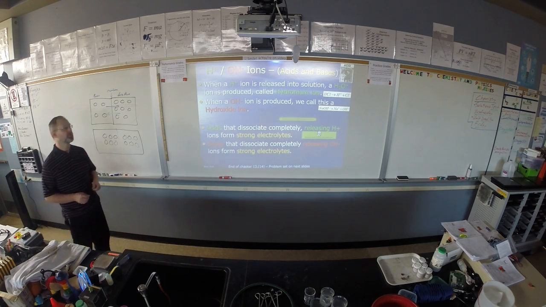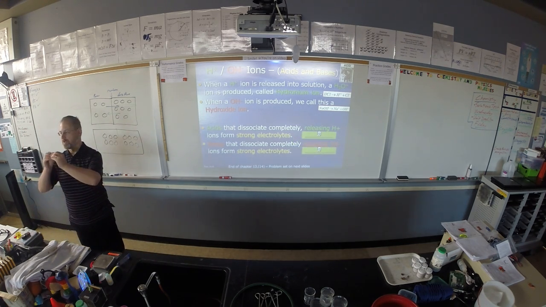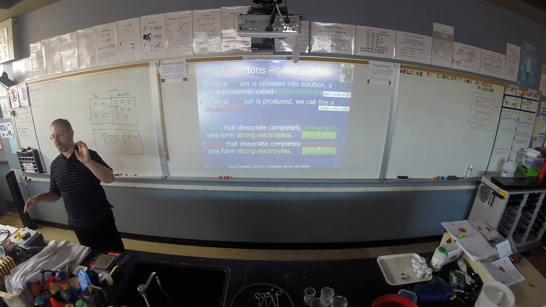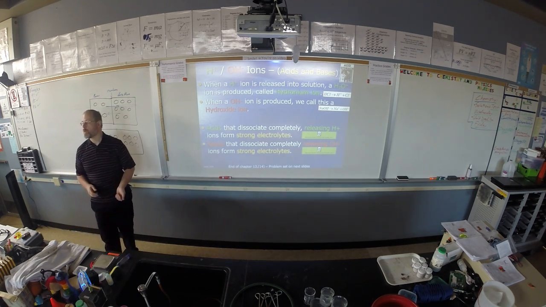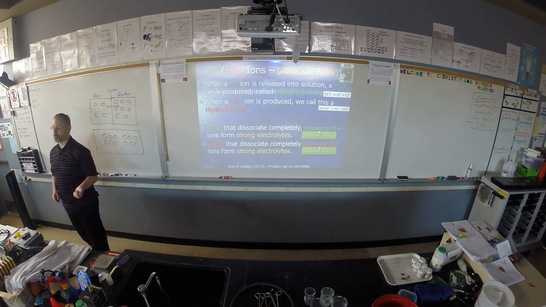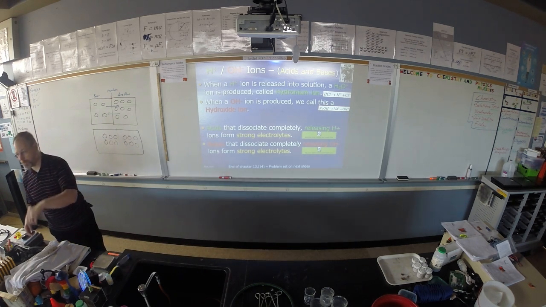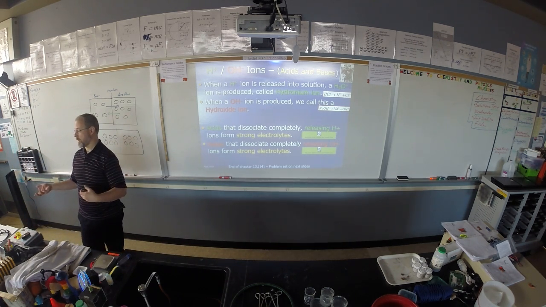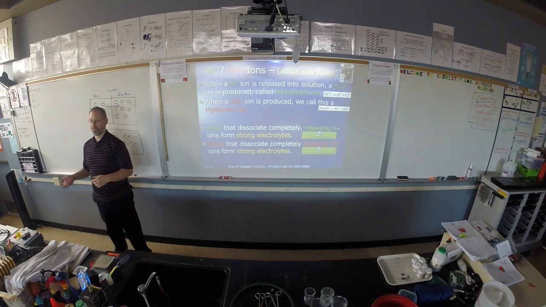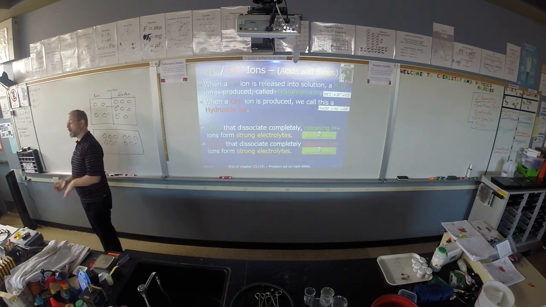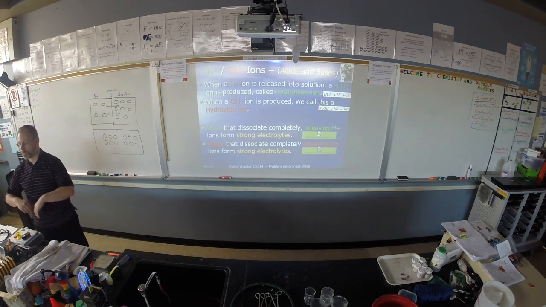A strong electrolyte disassociates completely. 1,000 molecules in, 1,000 of each ion out. A weak electrolyte disassociates only partially. 1,000 molecules in, 100 of each ion out.